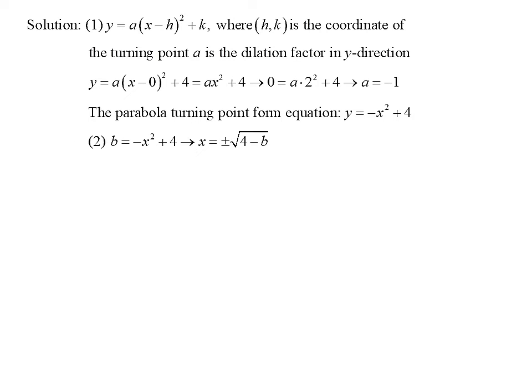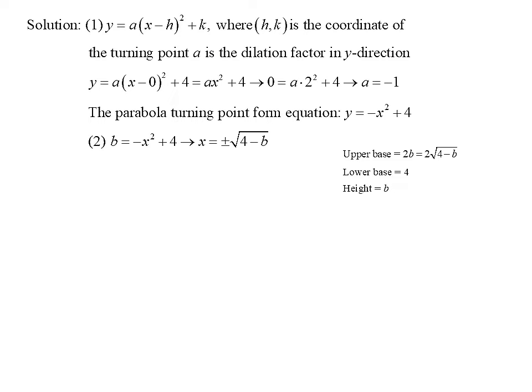For question 2, in order to express the area of this trapezium, first we need to find the x coordinates when the y coordinate is equal to b. Substituting y by b and then solving this equation for x, we have x equals plus or minus the square root of 4 minus b.